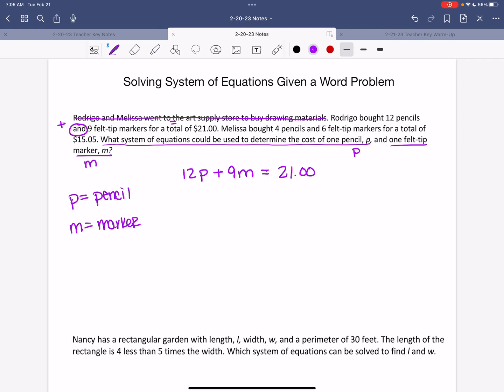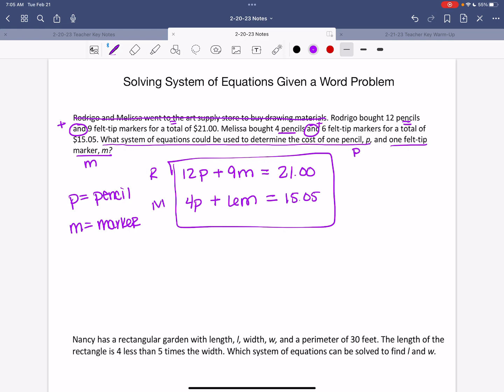Melissa bought 4 pencils. So this is another person. This was Rodrigo, now this is Melissa. Melissa bought 4 pencils, plus 6 markers, for a total equals $15.05.